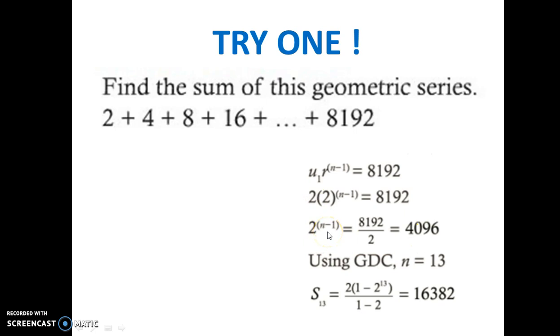Now, using your calculator or just guessing some numbers, you can find out that n is actually 13 because 2 to the 12th power makes this. If n is 13, this is the 13th term in this sequence, and we can use the sum formula to find the sum of the first 13 then. And that is what this sum formula gives you.